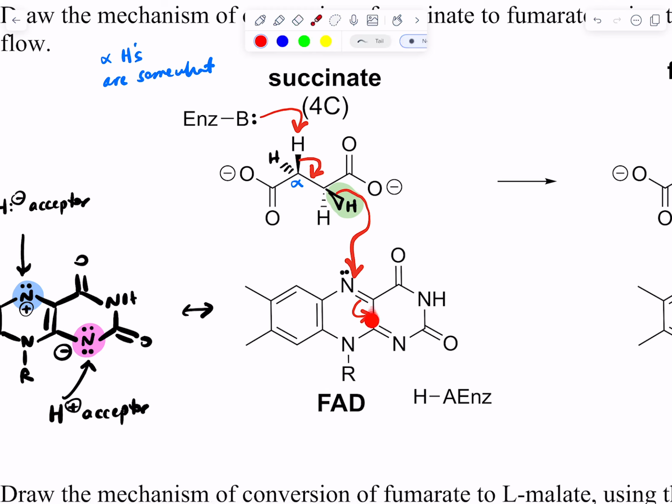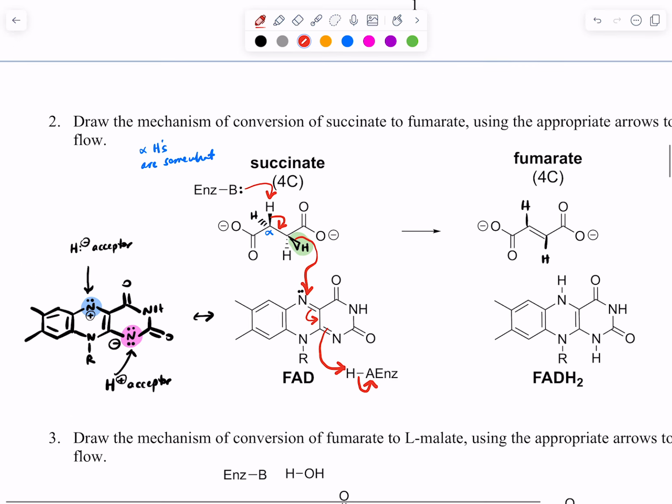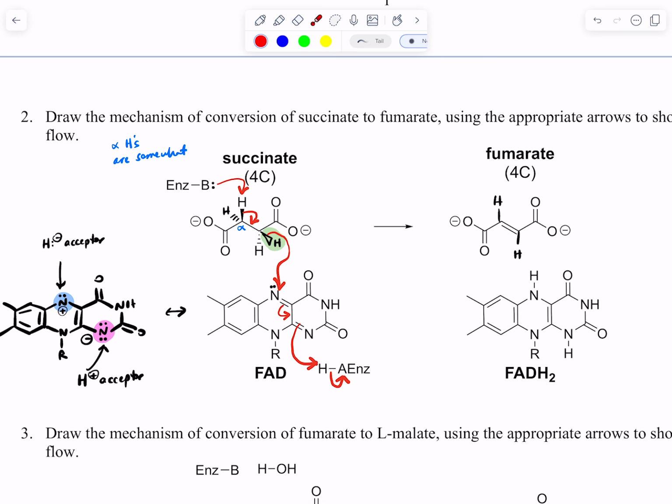Electrons will kick down from that nitrogen to form a pi bond here, and then the resulting negatively charged nitrogen is going to pick up a proton from an enzyme side chain. So this oxidizes succinate to fumarate.